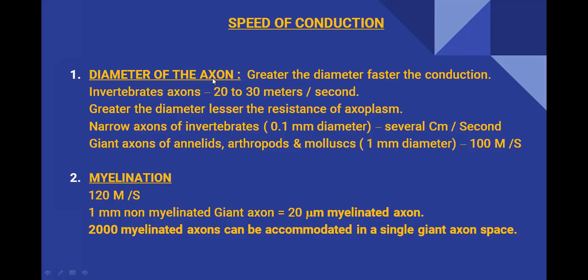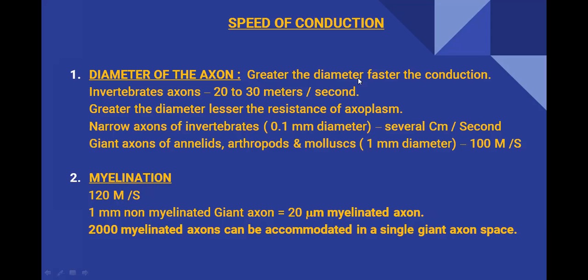Some neurons have thicker axons, and some have very thin axons. Thin axons have a small diameter, and thicker axons have a bigger diameter.